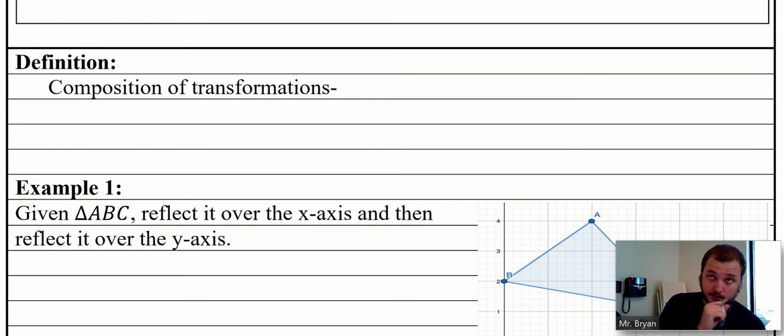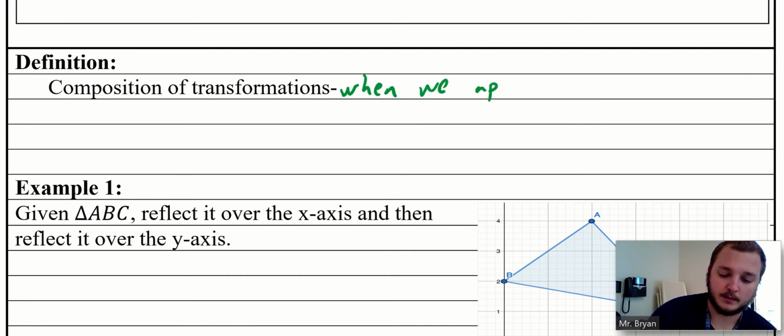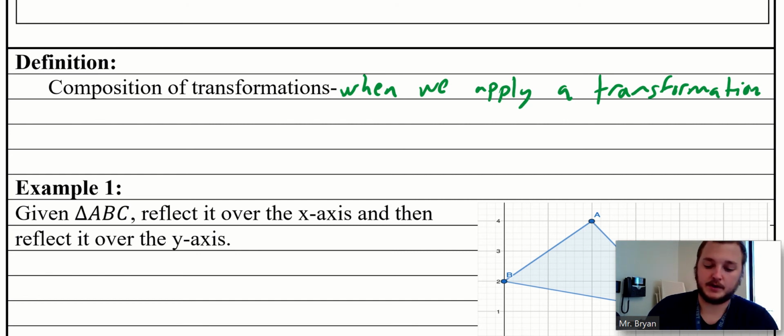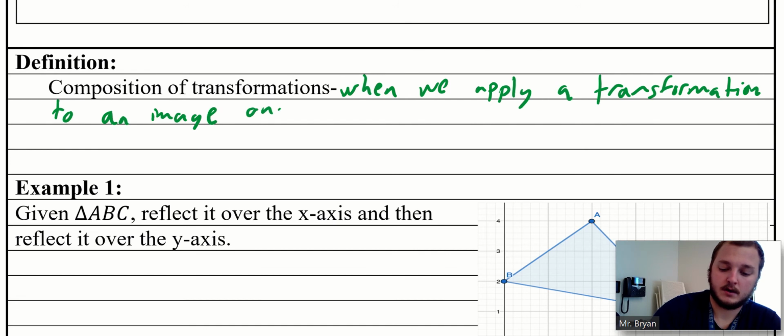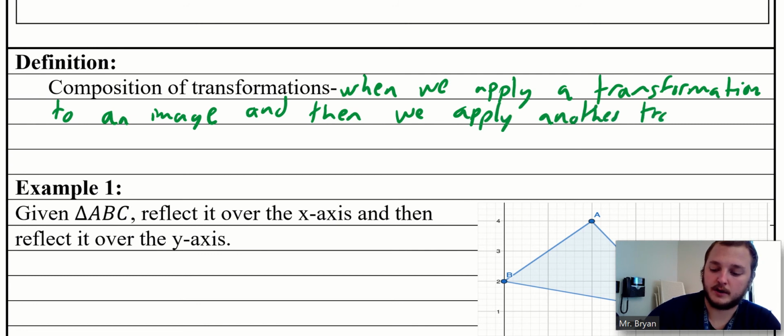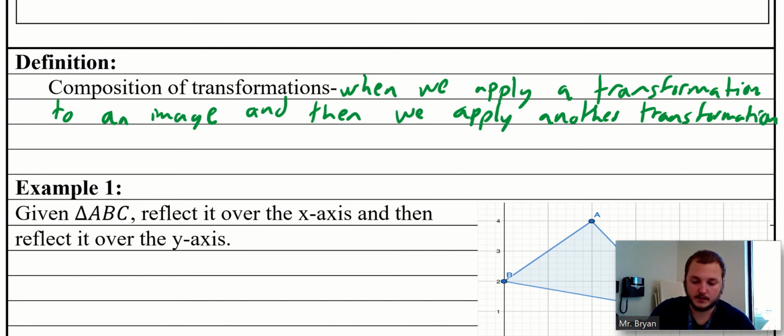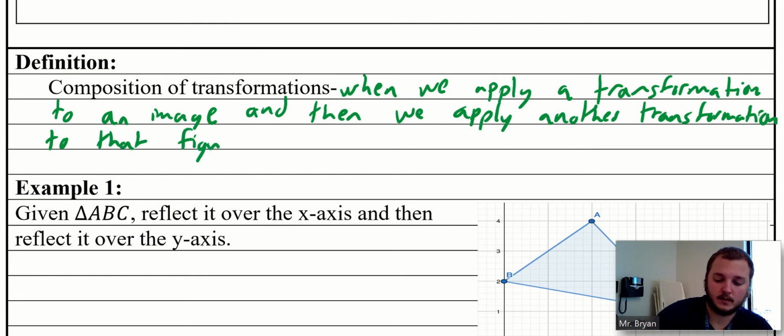So composition of transformations is when we apply a transformation to an image, and then we apply another transformation to that figure or to that image.